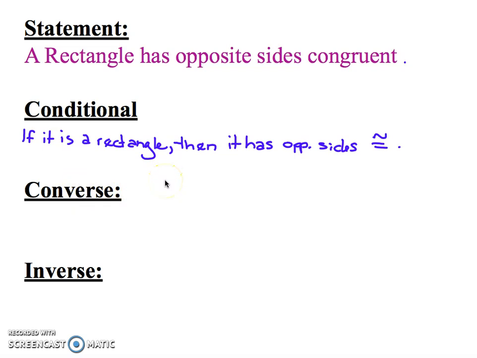If you have a rectangle, we have to assume that the hypothesis is true. So is the conclusion true if you have a rectangle? If I have a rectangle, are the opposite sides congruent? The answer to that would be yes. So this would be true.